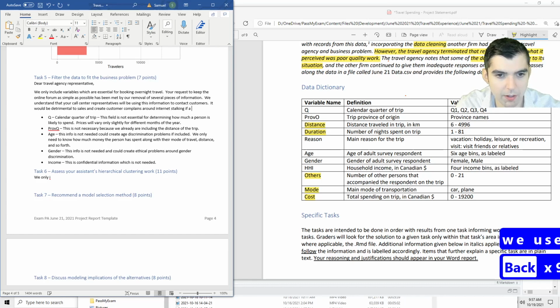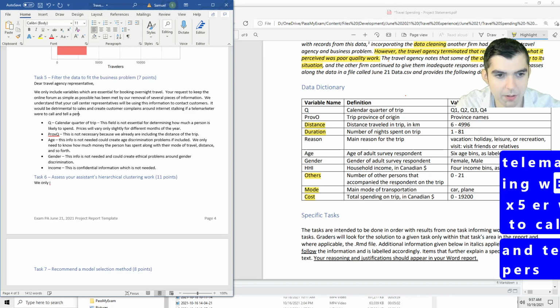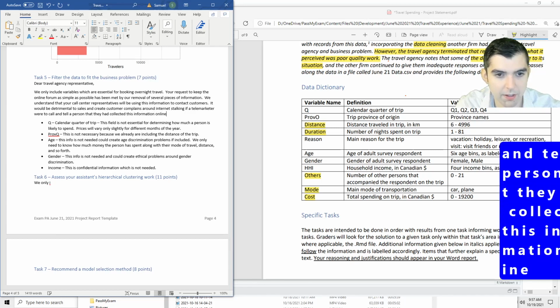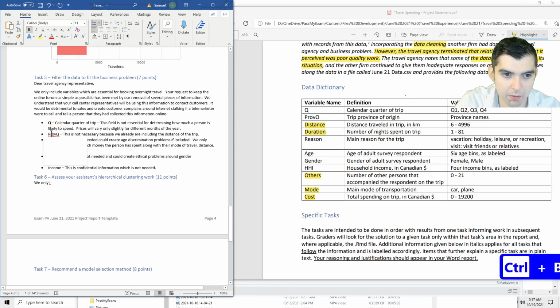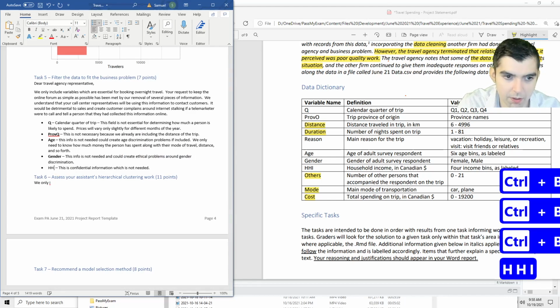If a telemarketer were to call and tell a person that they had collected this information online. Okay, and let's just make this bold. And that's actually called HHI.